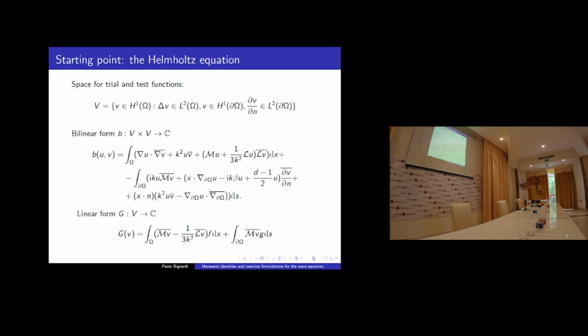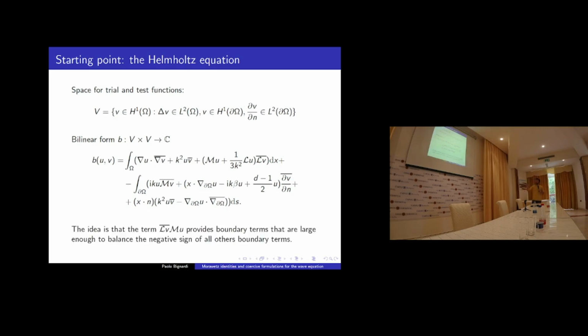The bilinear form, well, you see there are these two terms here which have the same sign, which is fine. Also, this term here is positive and consistent with the other signs. So where's the catch? Well, it's not magic. We are just moving the problem from the volume term into the boundary term.